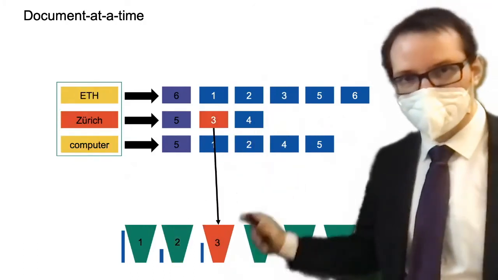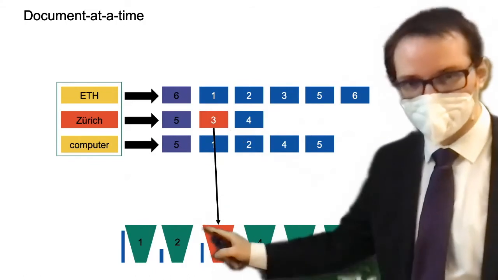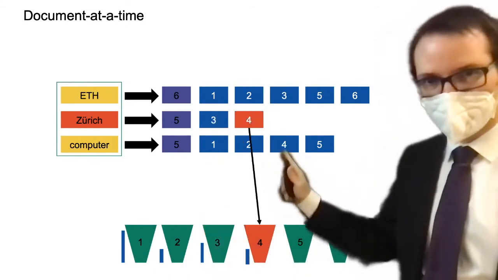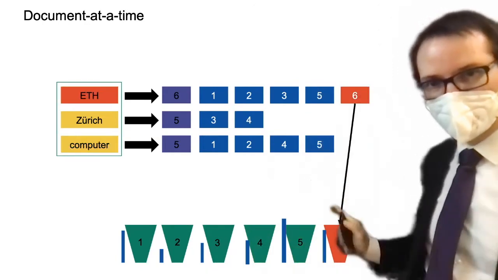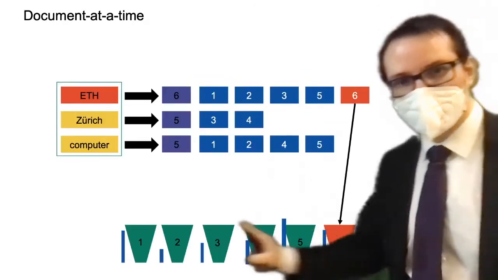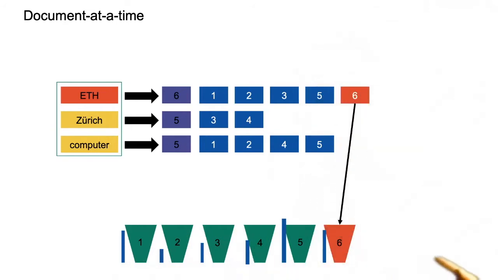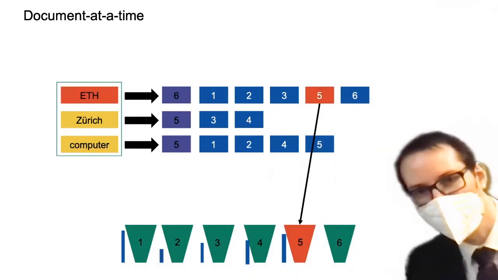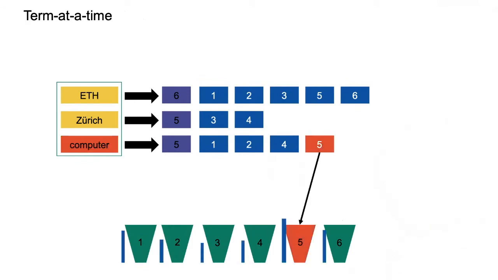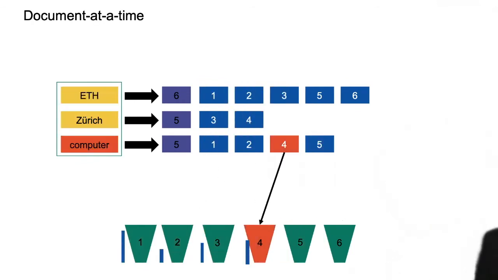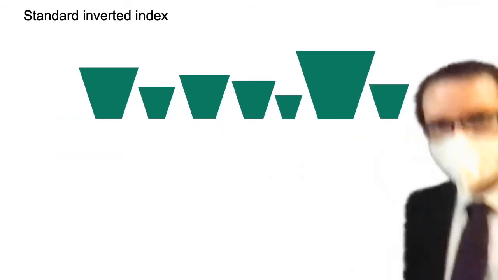Document 3, there's also document 3 here. Then document 4 and document 4. Document 5 here, and then document 6. You see, what you have here is exactly the same. If I go back to the slide before, I had exactly the same thing. The only thing that changed is the order in which I did it, but that's pretty much it. All right.